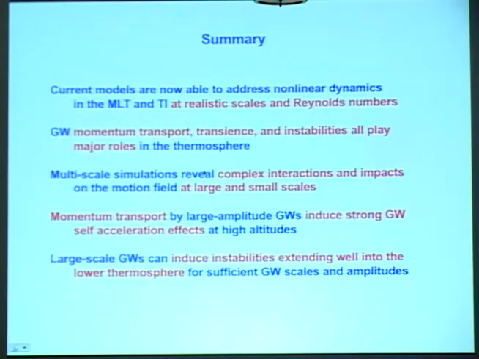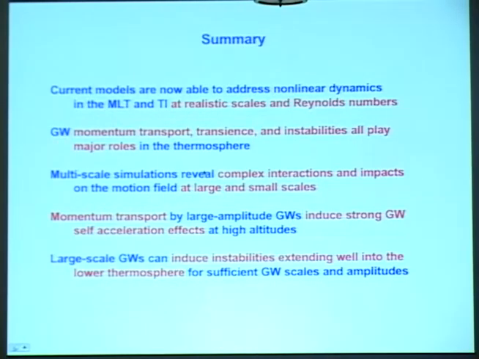So in summary, current models are now available that address nonlinear dynamics in the MLT and TI for realistic Reynolds numbers. And that's a very exciting prospect for us because it lets us then begin to compare directly with observations. If we can have observations which allow us to sufficiently pose a background state, for example, we'd like to think that we can capture at least the statistics of the smaller scale instabilities and turbulence spectra that arise from that.